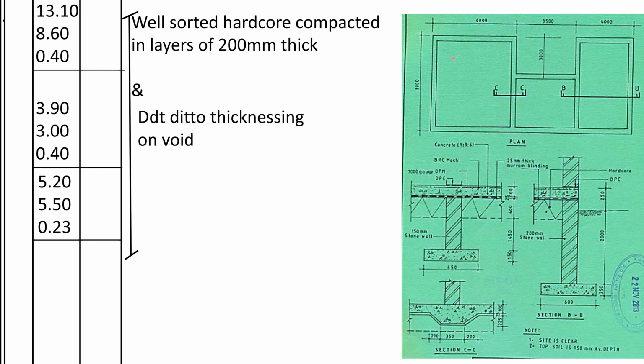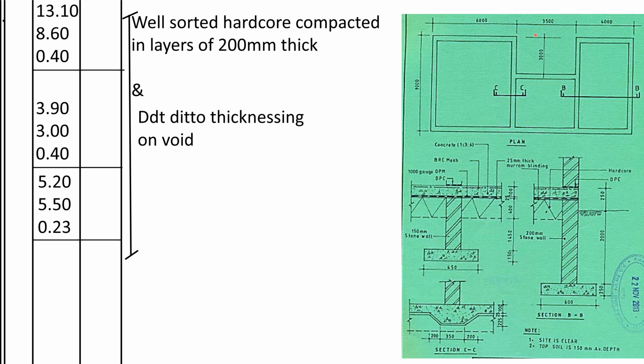Alright, the total external width is 9,000. We deduct this wall and this wall, we get 8.6. Then the depth of the hardcore. If you look here, we can see the depth of hardcore is 400 millimeters. So that is 0.4.